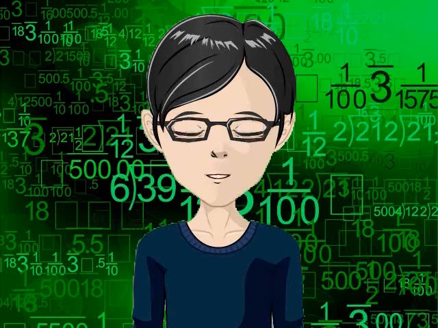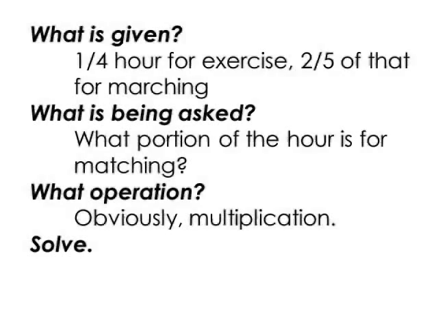Are you finished? Let's check your answers. What is given? 1/4 hour for exercise, 2/5 of that for marching. What is being asked? What portion of the hour is for marching? What operation? Obviously, multiplication.